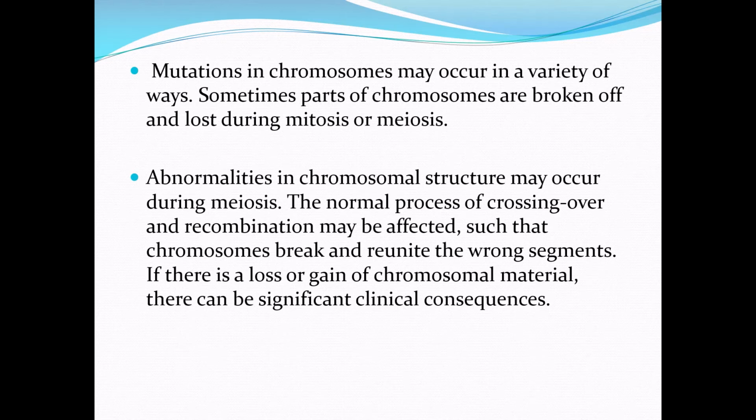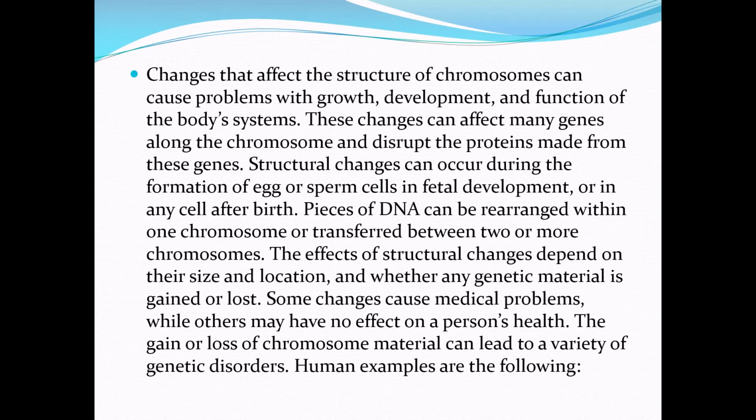If there is a loss or gain of chromosomal material, there can be significant clinical incidence. Changes that affect the structure of chromosomes can cause problems with growth, development, and function of the body systems. These changes can affect many genes along the chromosome and disrupt the protein chain connection.